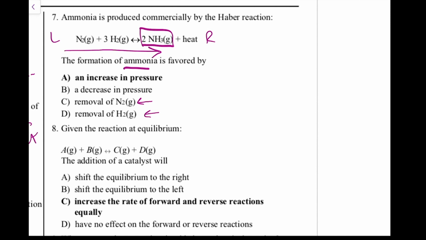When you increase pressure, you go to the side with the least amount of moles. Here we have 1 mole of N2 and 3 moles of H2, so 4 moles of gas on the left side, and 2 moles of gas on the right side. So when you increase pressure, you go to the side with the least moles of gas, and that is the side we are looking for. So that is why it is A.